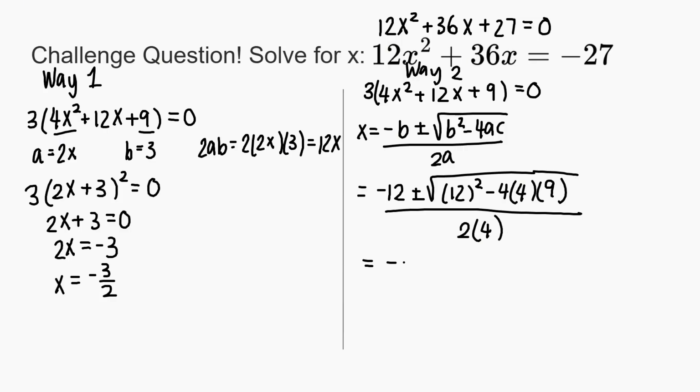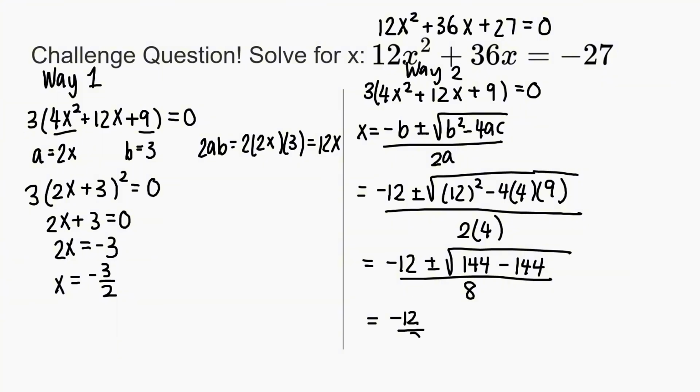This gives us negative 12 plus or minus the square root of 144 minus 4 times 4, which is 16, times 9, which is 144, divided by 8. As you can see, 144 minus 144 is 0. This cancels out and gives us negative 12 divided by 8, which is also known as negative 3 divided by 2. As you can see, there's different ways, but we get the exact same answer.